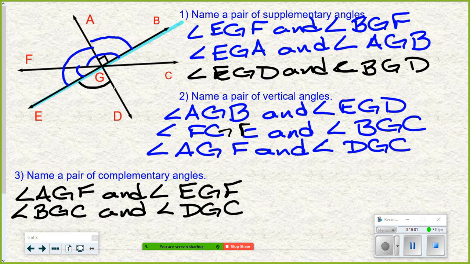BGD, this angle right here. So you just have to make your way from one side to the other side using 2 angles. Now I could pick a different straight line and do the same thing, right?